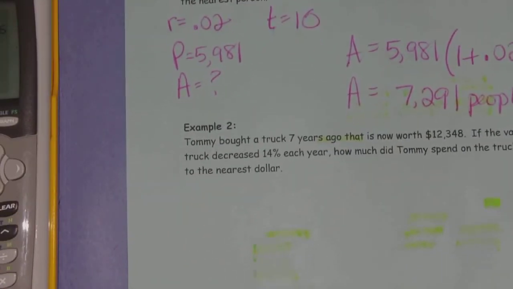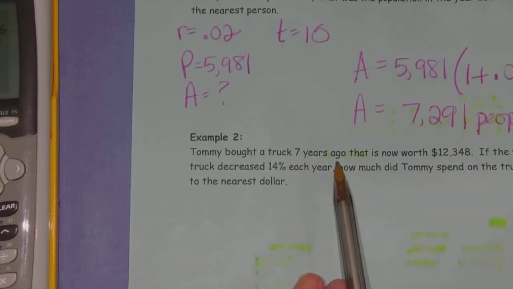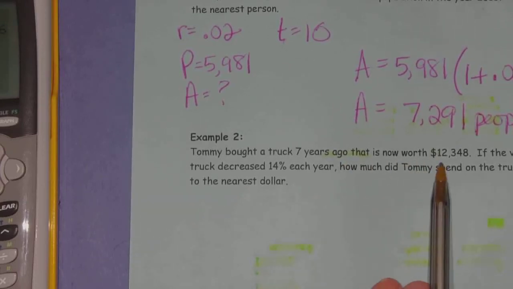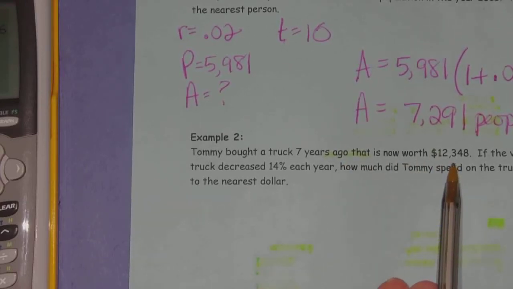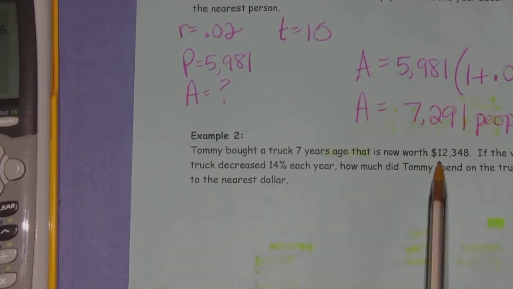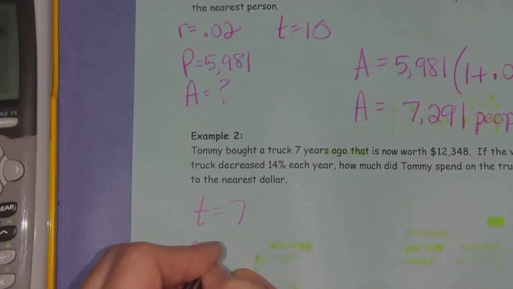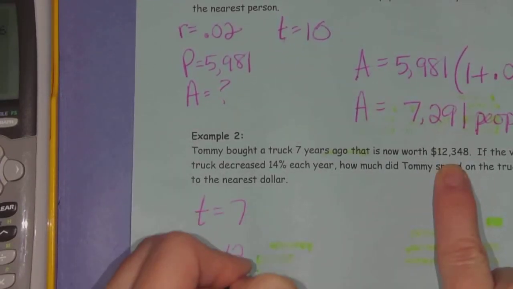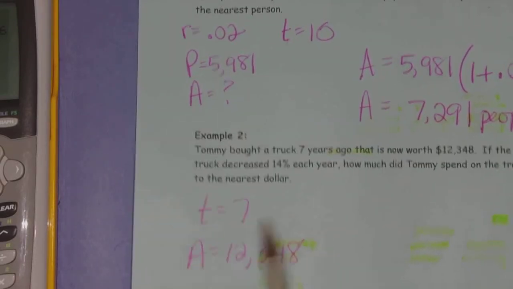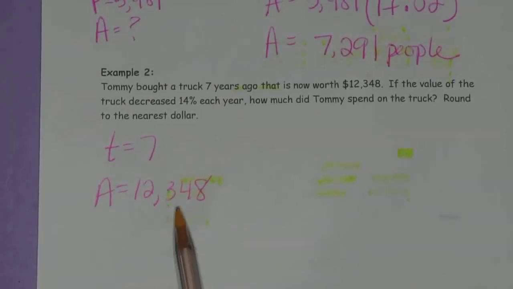All right, last example. Tommy bought a truck 7 years ago that is now worth $12,348. That's interesting. We don't have the initial amount. We have the amount 7 years in, so I am actually given A. At 7 years, the amount is this.